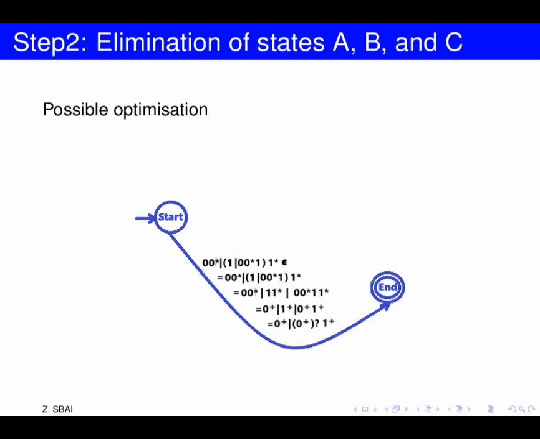Also, we may write each 0 0 star as a 0 plus, since plus means one or many occurrences of 0, which is the same thing as 0 concatenated to 0 or more occurrences of the symbol 0. Also, 1 1 star may be written as 1 plus, and 0 0 star in the second part as 0 plus, 1 1 star in the last part as 1 plus.